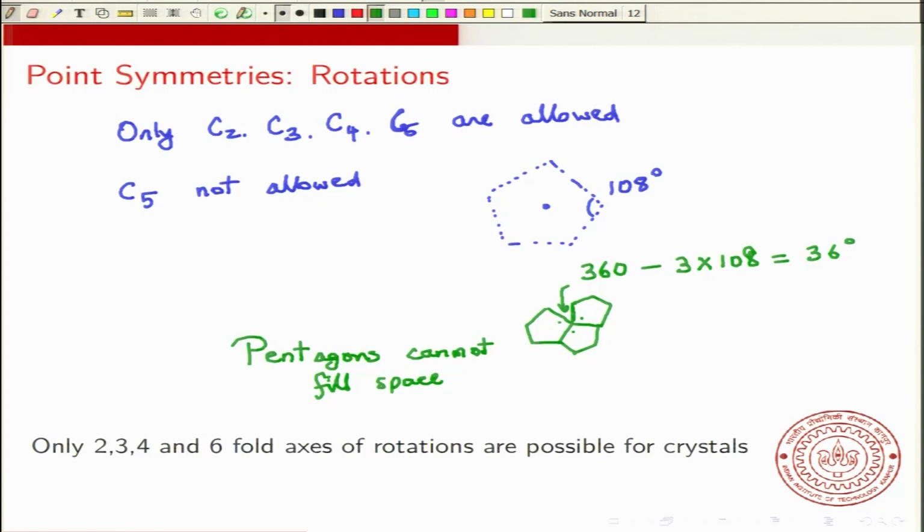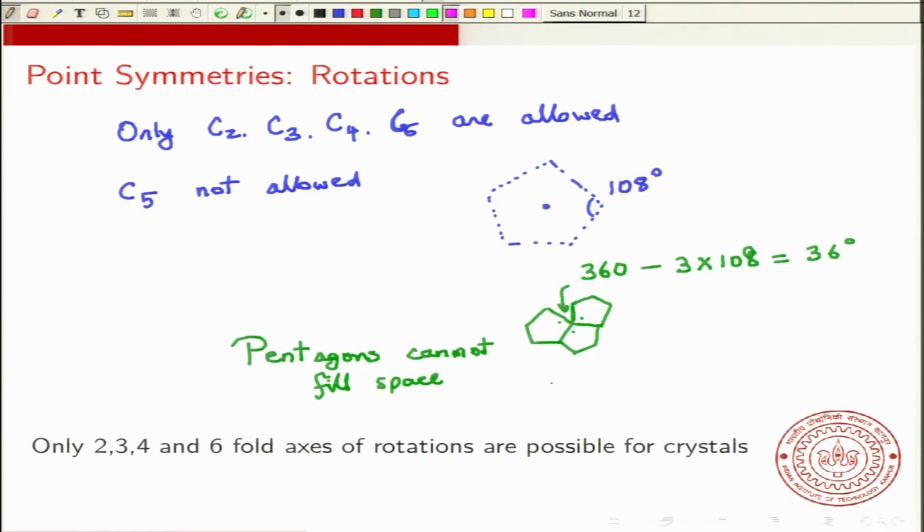Now, I will just mention that around 1980 there was the discovery of special crystals.